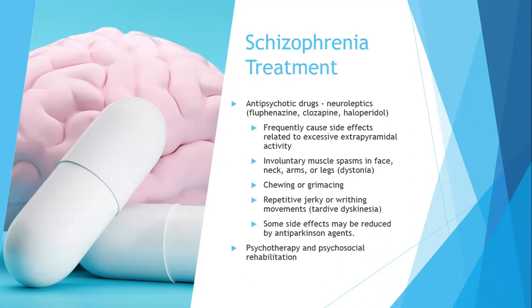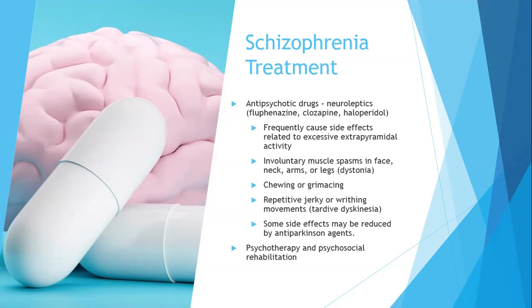Involuntary muscle spasms in the face can be a side effect, and also in the neck, arm, or legs, kind of dystonia, so dysfunctional muscle tone, chewing or grimacing, repetitive, jerky, or writhing movements, which is called tardive dyskinesia. Some side effects may be reduced using anti-Parkinson agents.